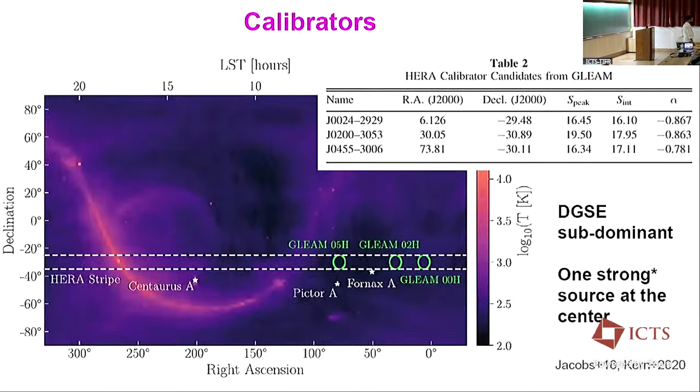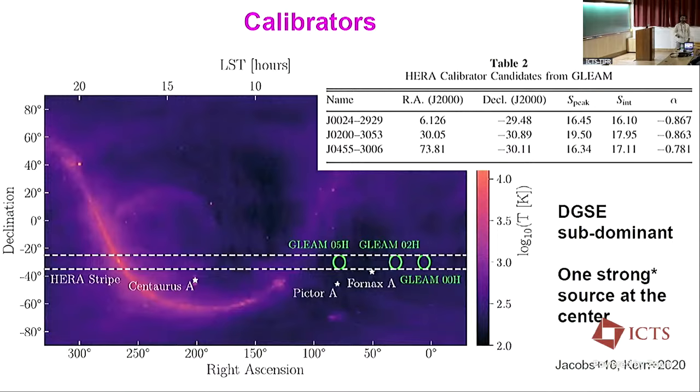So now I will go to the observation, the data that we have observed, how we have processed and analyzed the data, and what the final results are. These are the 3 calibrator sources that were identified in this work. This shows the full map, the 150 megahertz, 400 megahertz Haslam map scaled down to 54 megahertz. The white region is what HERA observes.